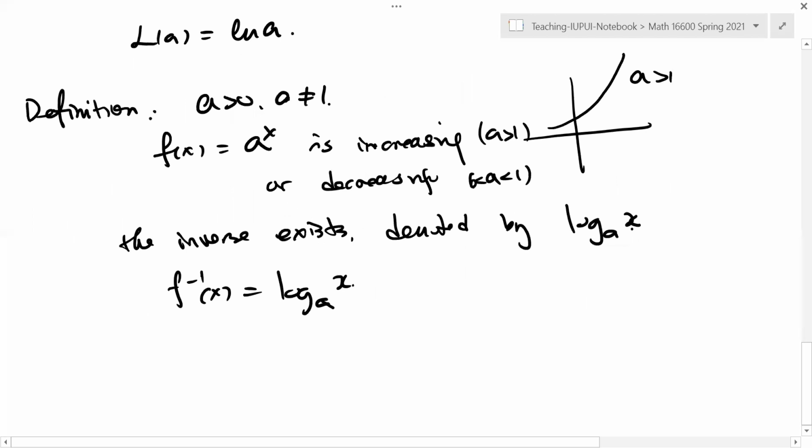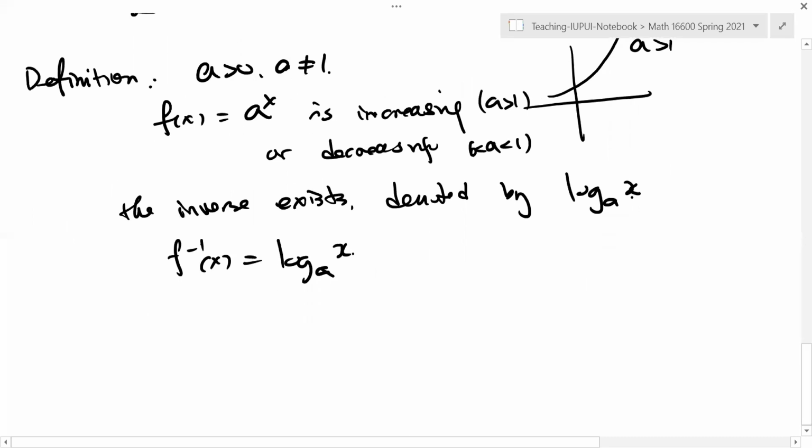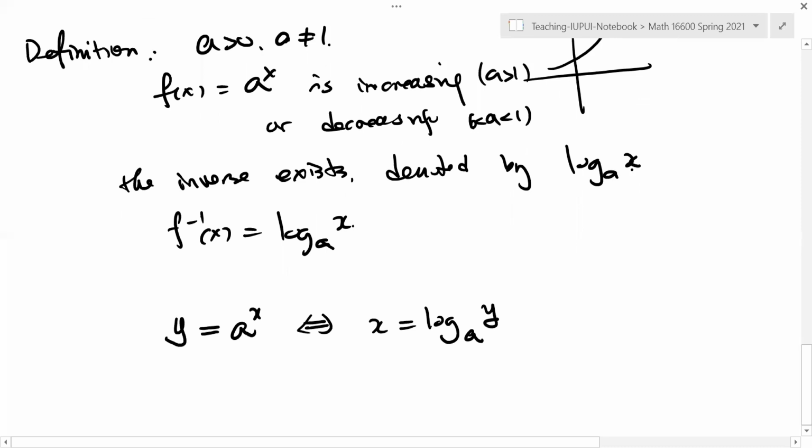Now we always use x as the input variable. So how do we define the inverse function in the traditional way? How do we find it? You let y be a to the x. Then you solve for x. So x is going to be the log of y with base a.